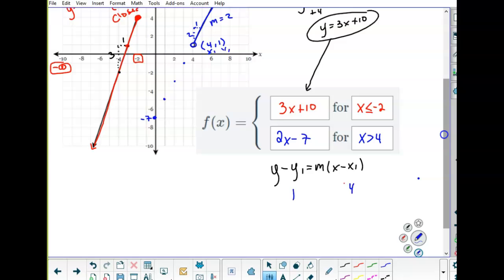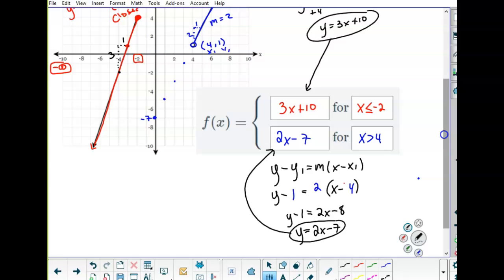So 1, 4. I know my slope was positive 2. And then if you distribute and solve, you should get the same thing we just had. Two different ways of finding that. Nice review of Algebra 1 there.